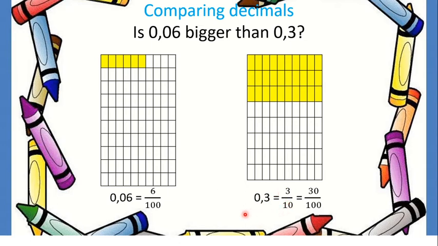When I compare fractions, the denominator must always be the same. So I am going to make this denominator 100. So I times with 10 at the bottom, I must times on top with 10 as well. So 0,3 is bigger than 0,06.